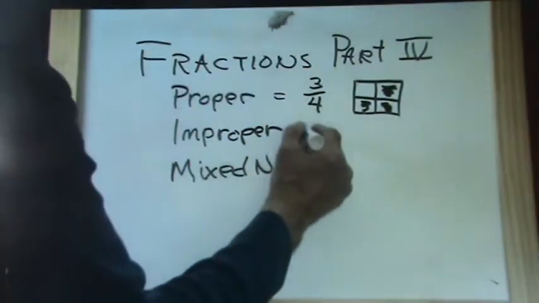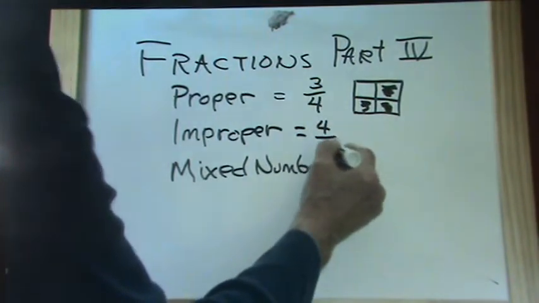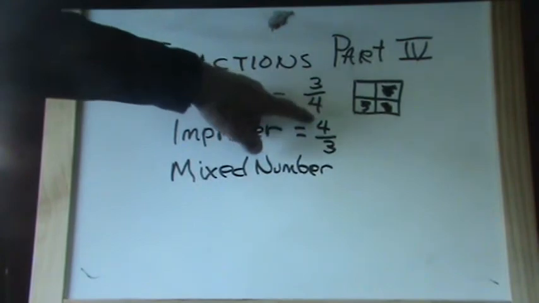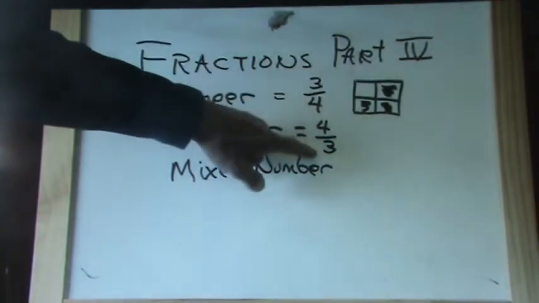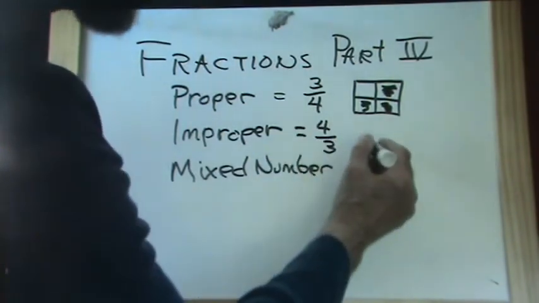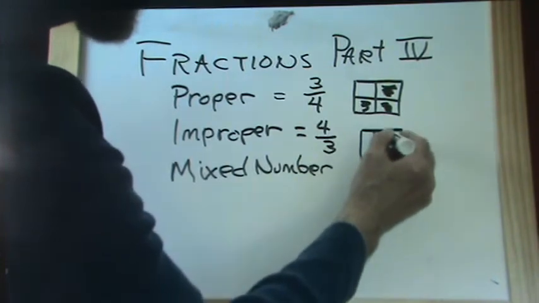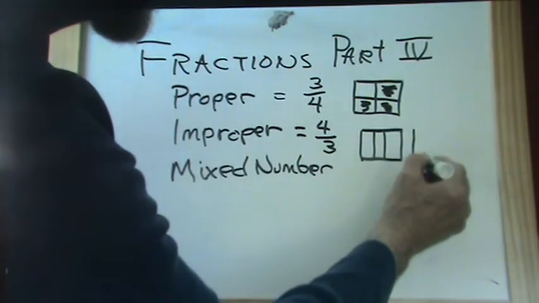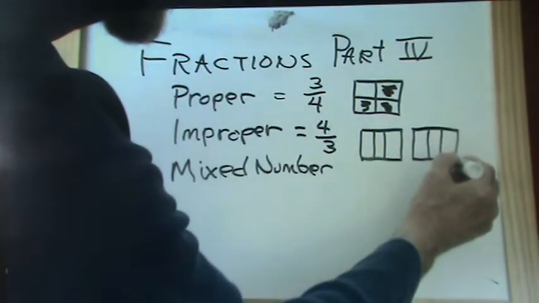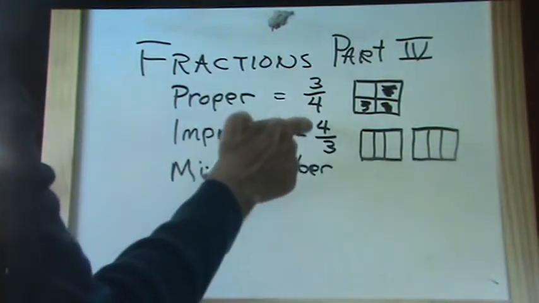And we had improper fractions. And in an improper fraction, the numerator is larger than the denominator. It's larger. So if I were to draw the fraction 4/3, well, I know there are 3 pieces in each whole, but I need 4 of them.